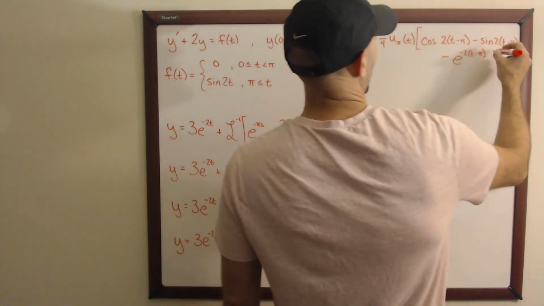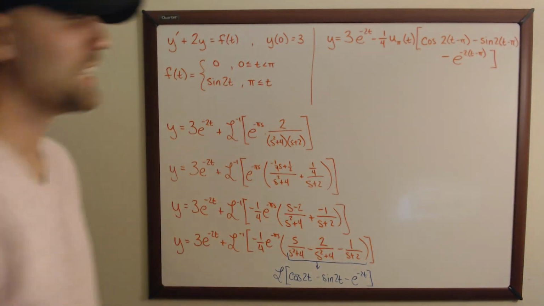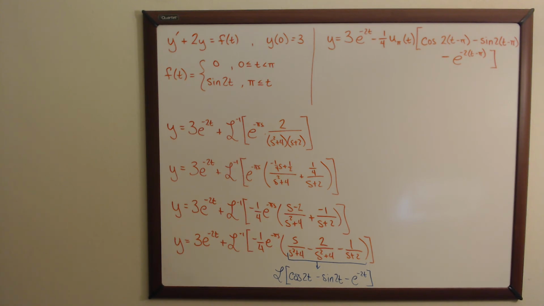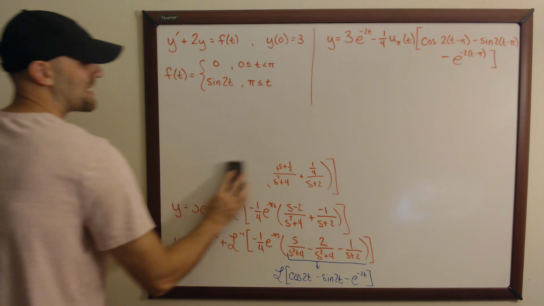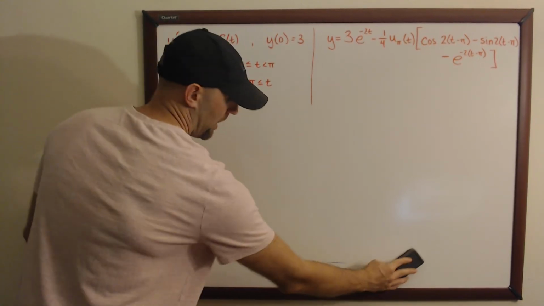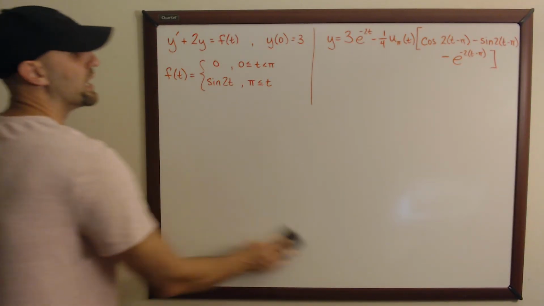Now, technically speaking, we could be done. I mean, this is a solution for y, but that seems like a very unsatisfactory way to write this. It's not really simplified, right?